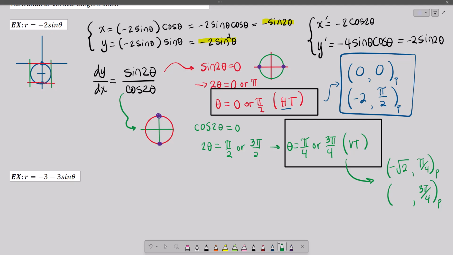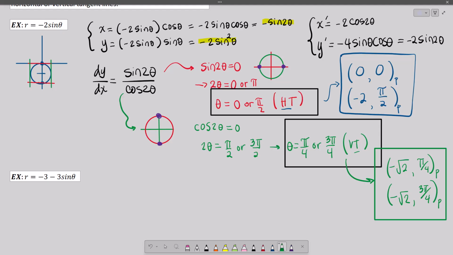And then we plug in 3 pi over 4. Sine of 3 pi over 4 is also root 2 over 2. So root 2 over 2 times that is going to be negative root 2. And this will be our pair of points where we have vertical tangents. Let's check.